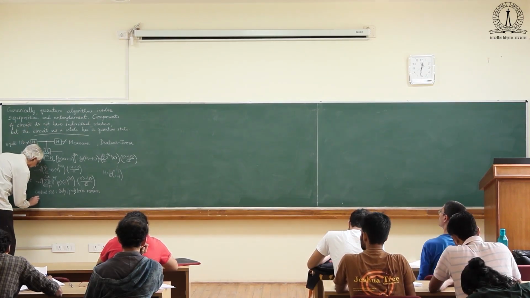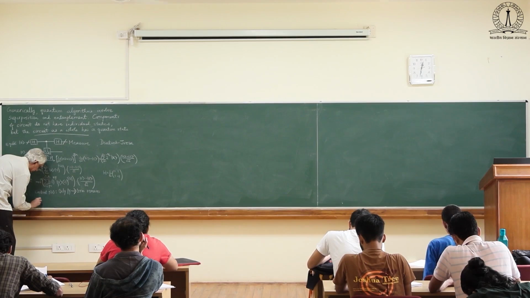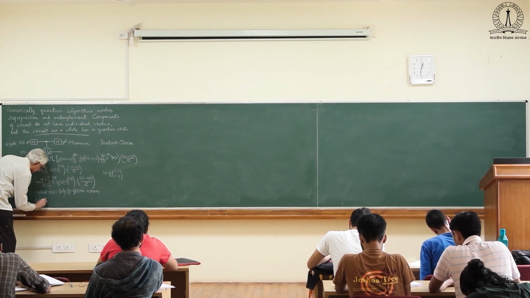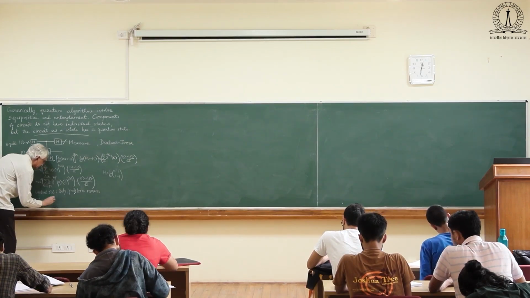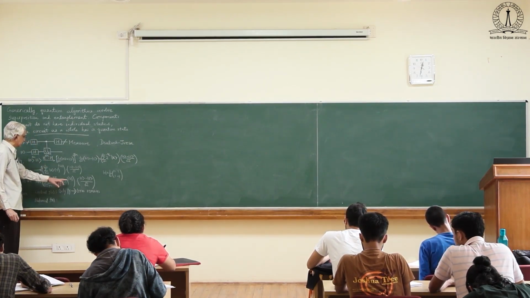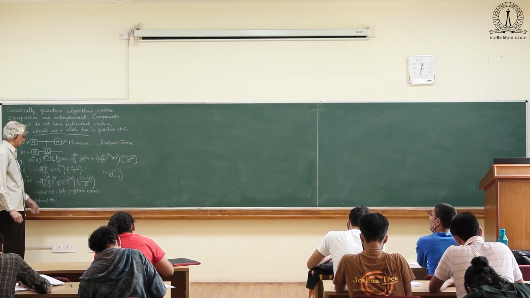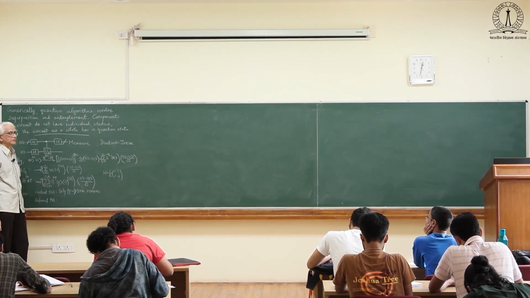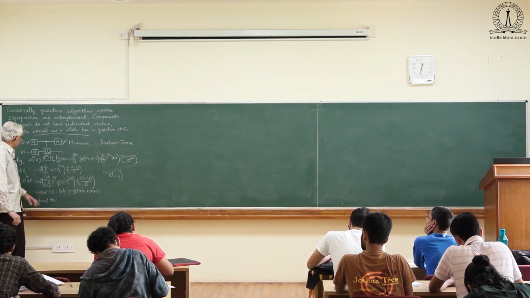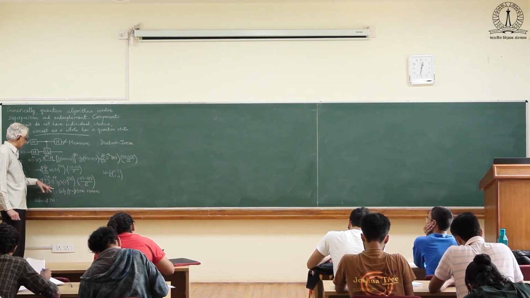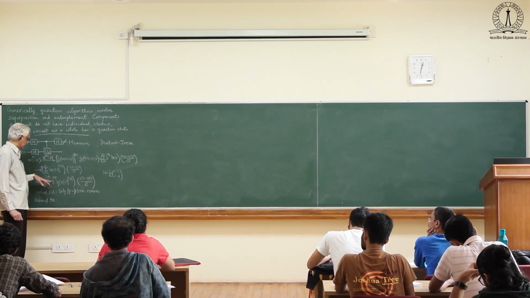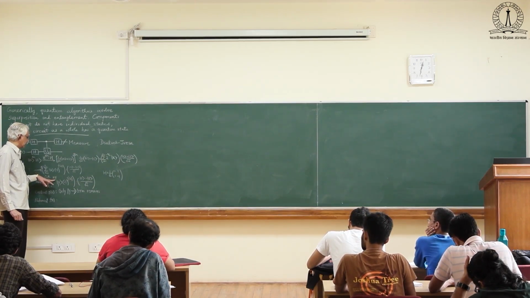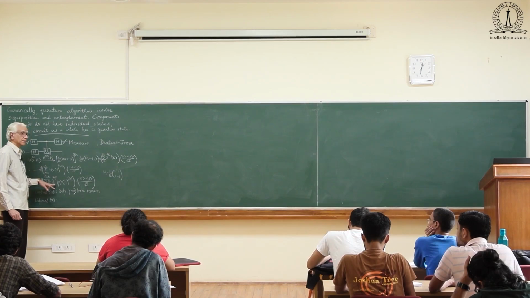On the other hand, if the function is balanced, that means half the time this f of x is plus 1 and half the time it is minus 1. In that particular case, look at this particular term: if I have y equal to 0, this phase is absent.